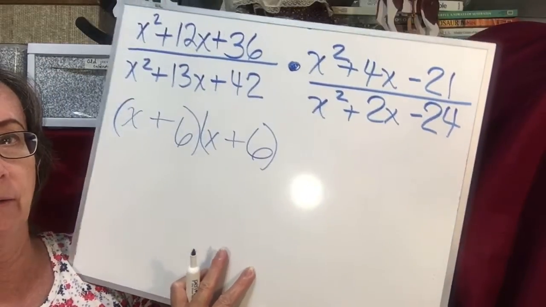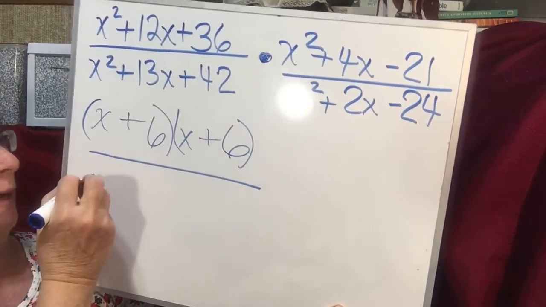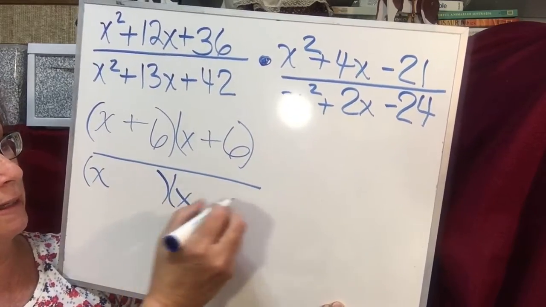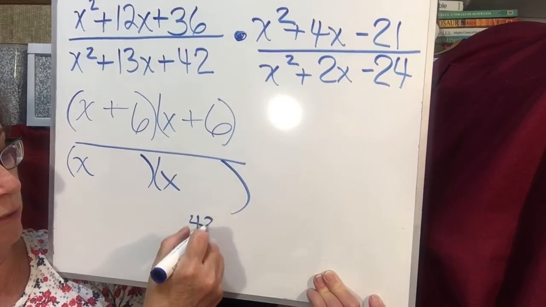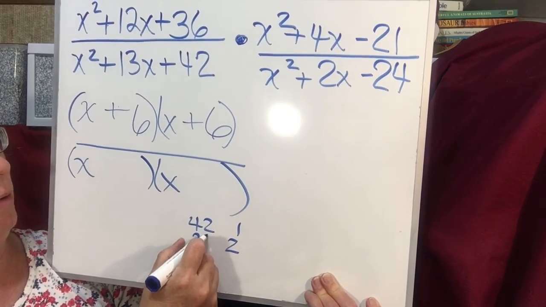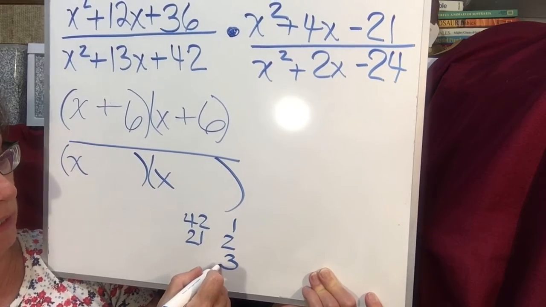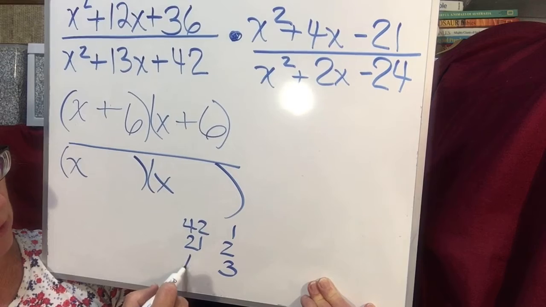Okay, so now we're going to do this denominator. X squared is x times x. We have a 42. 42 and 1. 2 and 21. 3 goes into 42, and that's going to go 14 times.